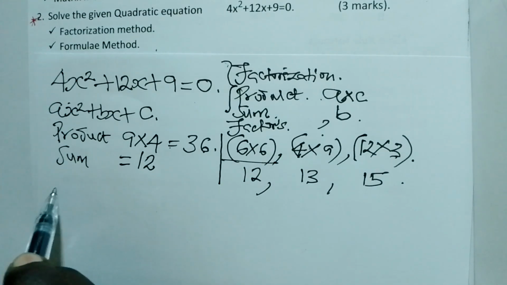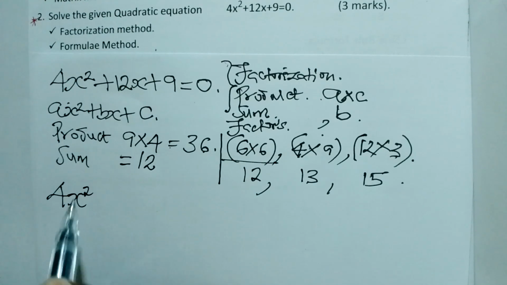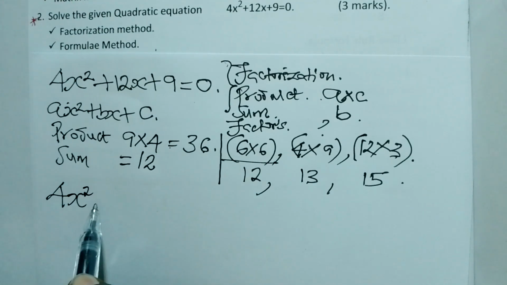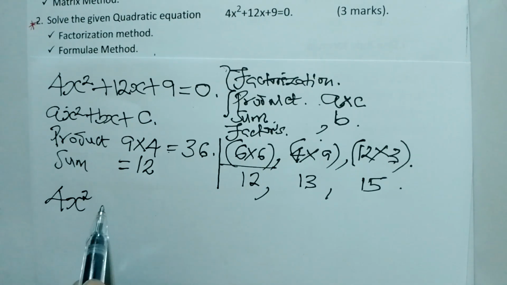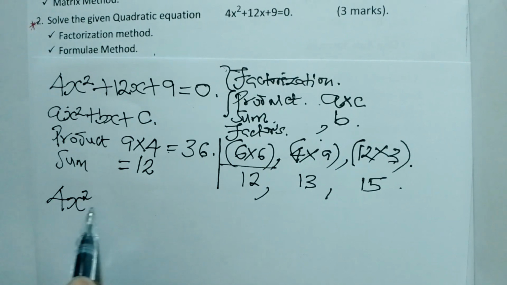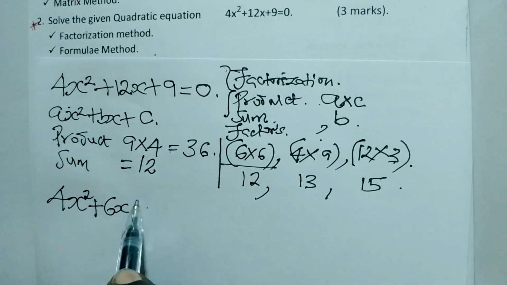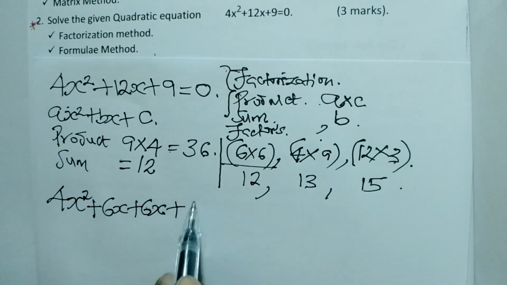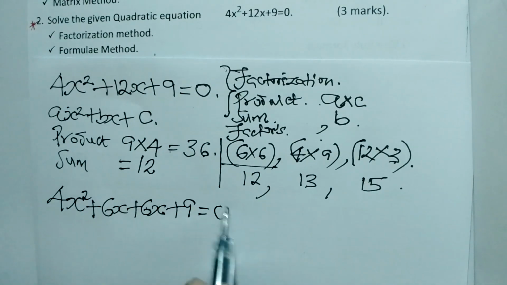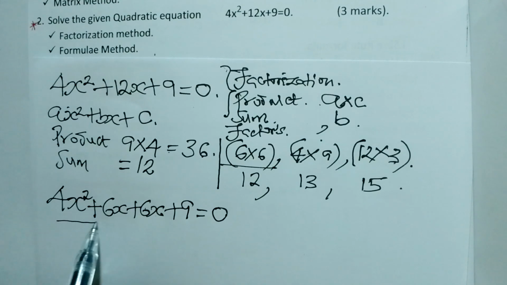After getting the workable factors, we rewrite the middle term. Now we get the expression 4x squared plus 6x plus 6x plus 9 is equal to 0. And then we factorize by grouping.